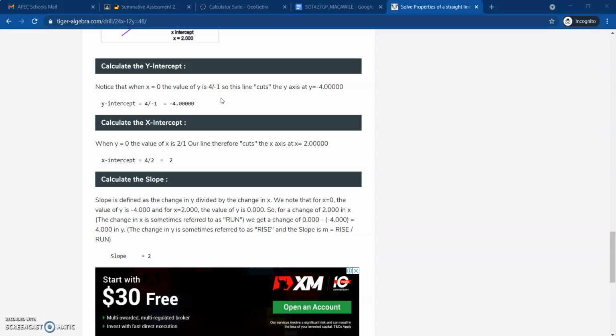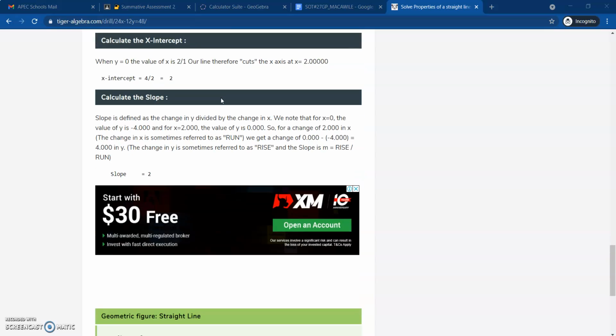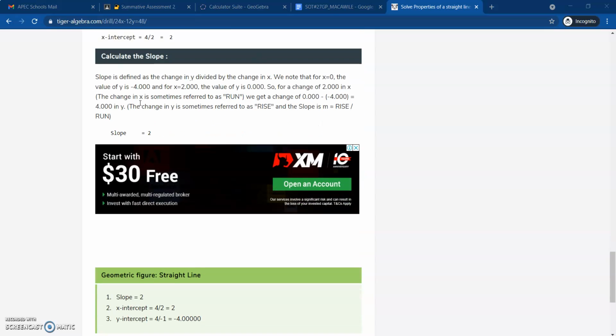So for a change of 2 in x, the change in x is sometimes referred to as run, we get a change of 0 minus open parenthesis minus 4 close parenthesis, equal to 4, in y. The change in y is sometimes referred to as rise, and the slope is m, rise over run. Okay, the slope here is 2.